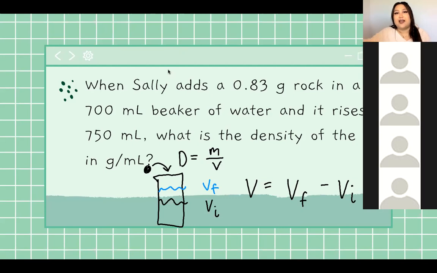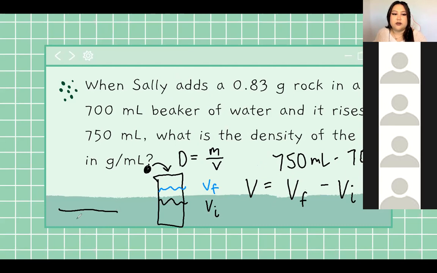Okay, so we kind of already started doing the problem. So this was the volume, so 750 milliliters minus 700 milliliters, and that would go on the bottom, right?